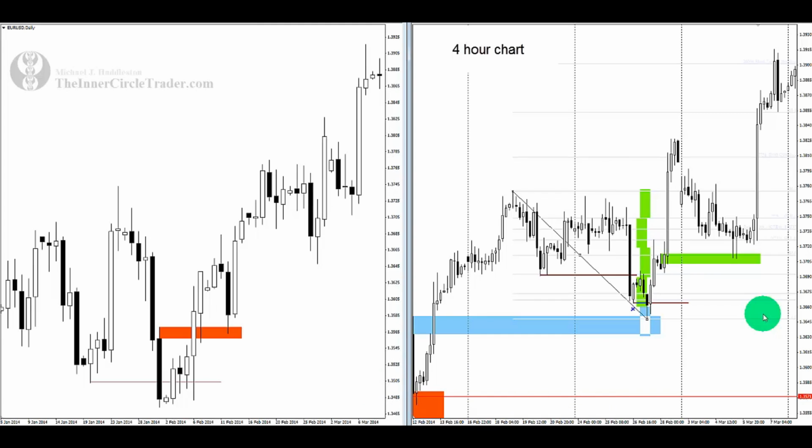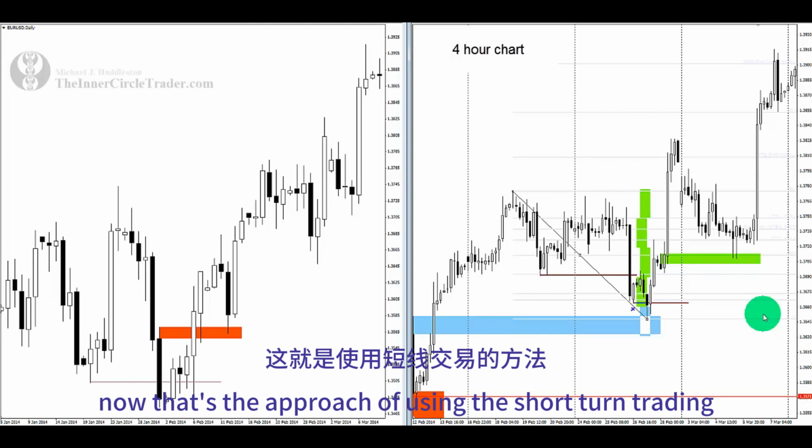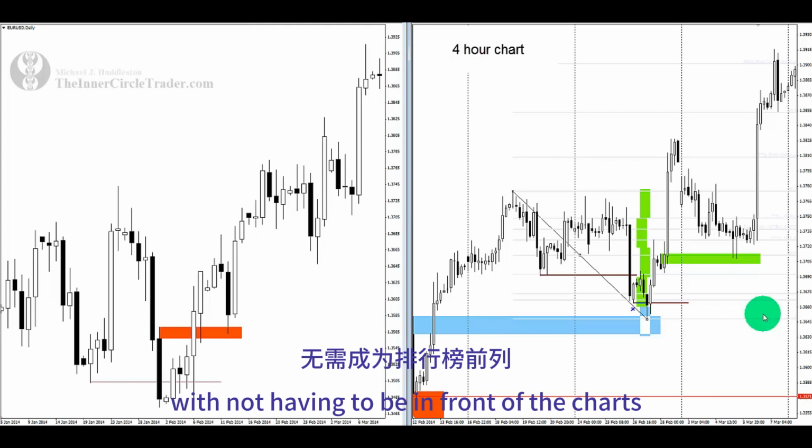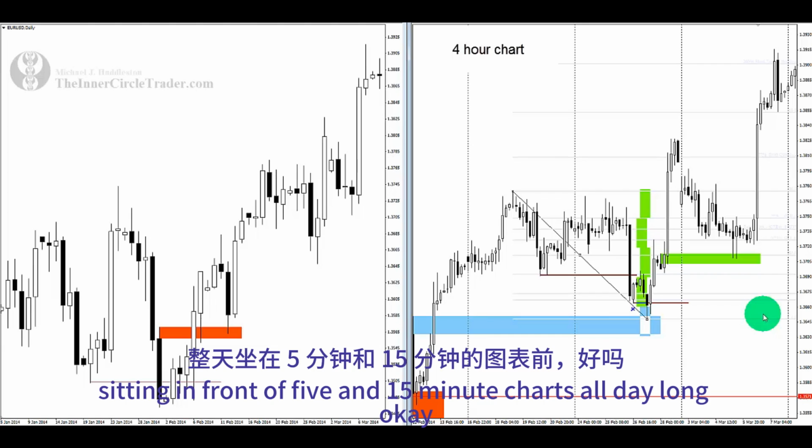Okay. Now, that's the approach of using short term trading without having to be in front of the charts, not having to be sitting in front of 5 and 15-minute charts all day long. Okay.